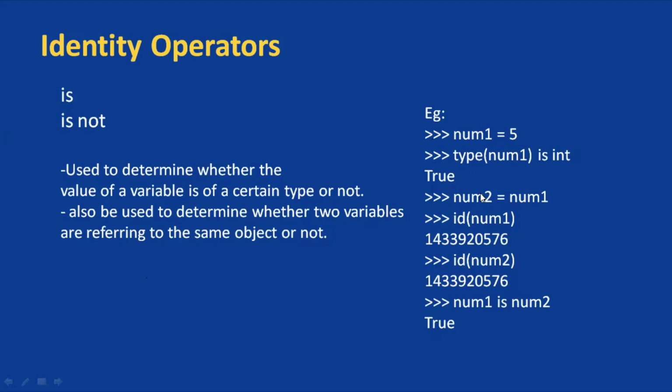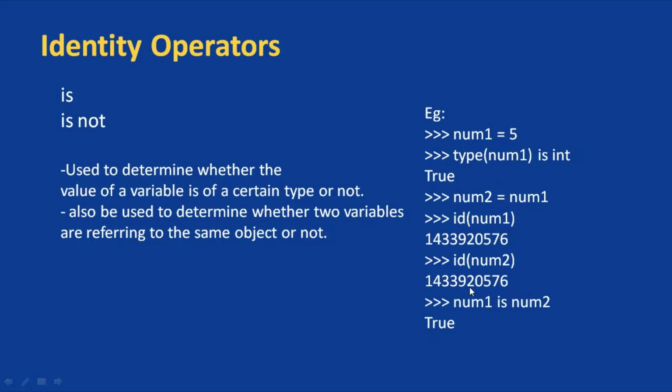Next, I am giving num2 equal to num1 and printing id of num1. Identity means its id. The id will be printed. And next, I am again checking the id of num2.